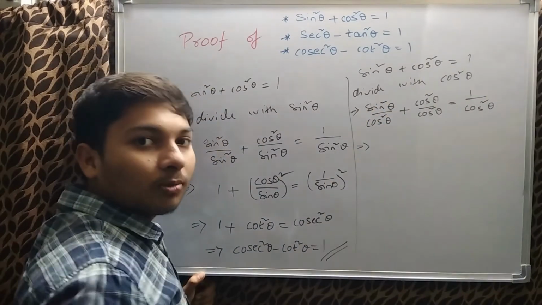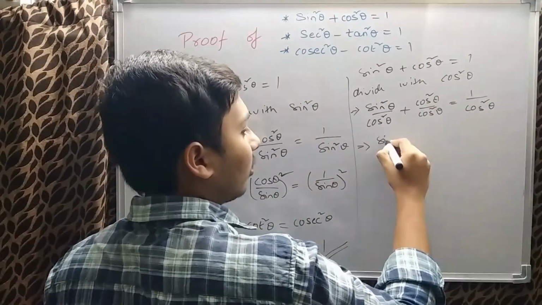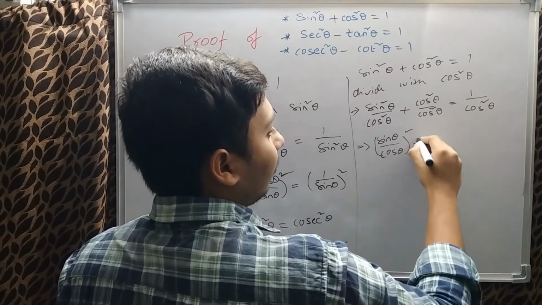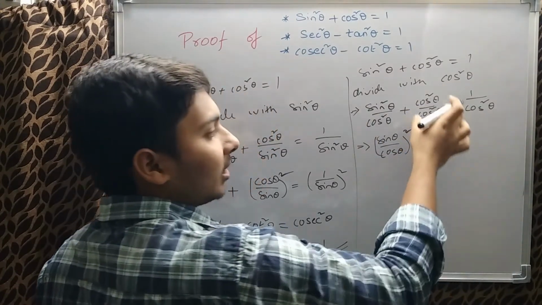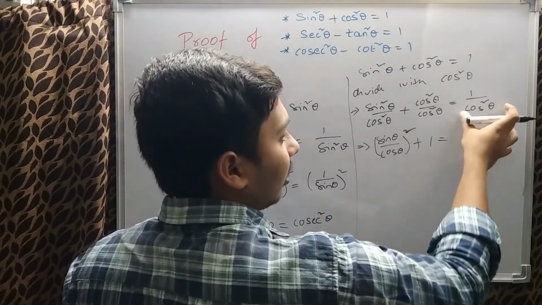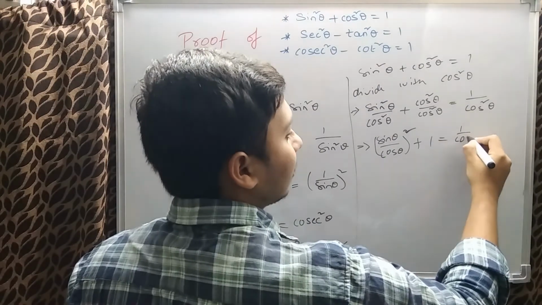Sin square theta by cos square theta can be written as sin theta by cos theta whole square, plus 1 is equal to 1 by cos theta whole square.